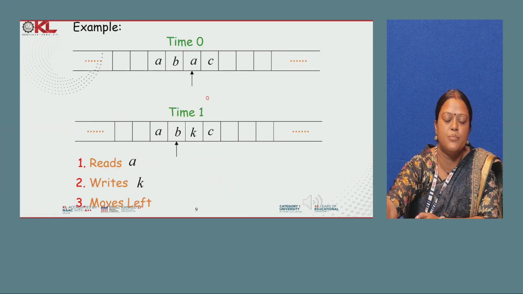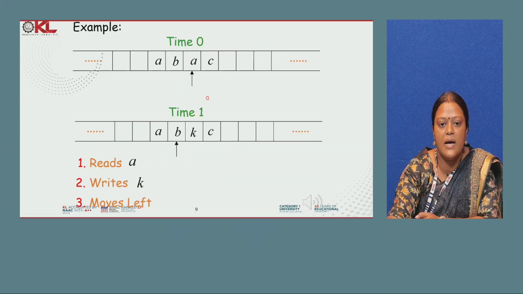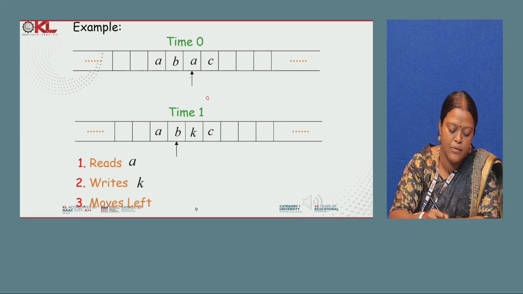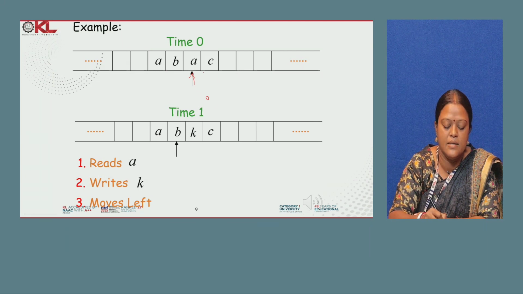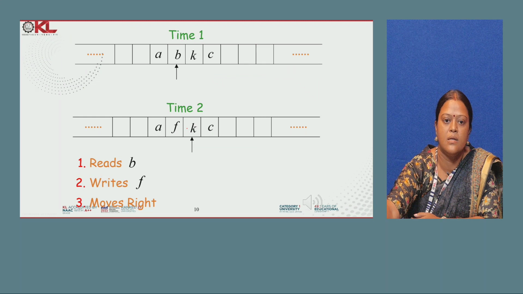So here is an example. In our tape we have A, B, A, C. First we are reading a symbol from the tape, that is A, shown by the arrow. Then we are writing K, that is we are replacing it by K here, and then we are moving to the left direction.